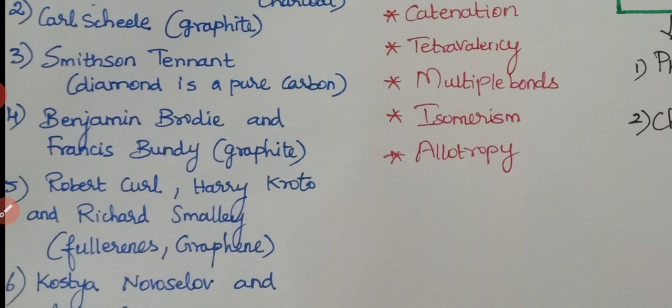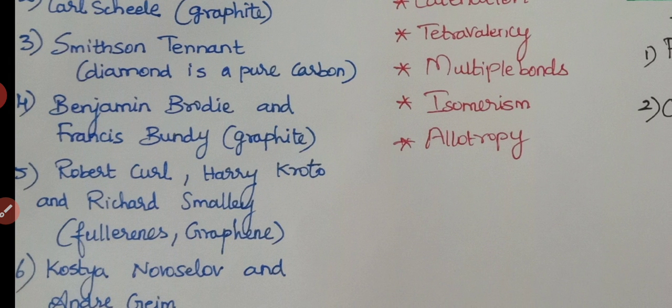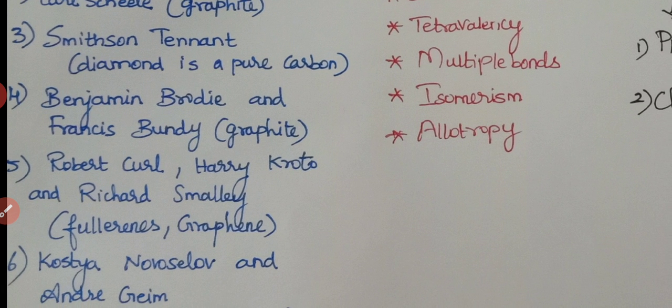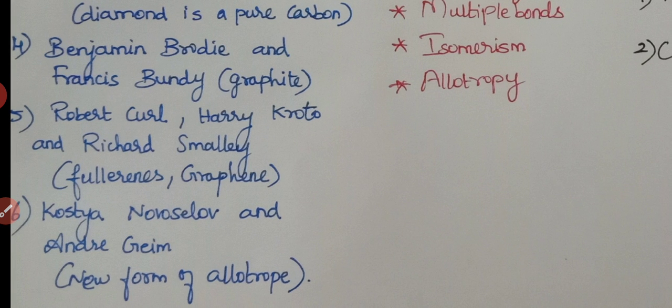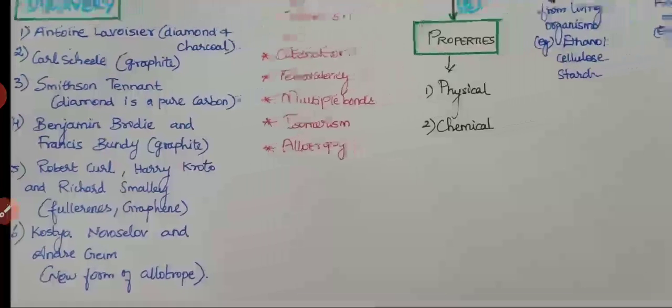Then Robert Curl, Harry Kroto and Richard Smalley found other compounds of carbon like fullerenes and graphene. And the last ones are Kostya Novoselov and Andre Geim, who framed new forms of allotropes. So these were the scientists who discovered the other forms of carbon.